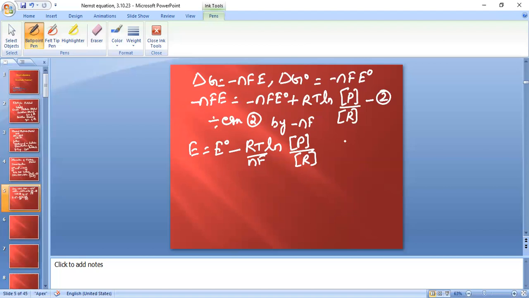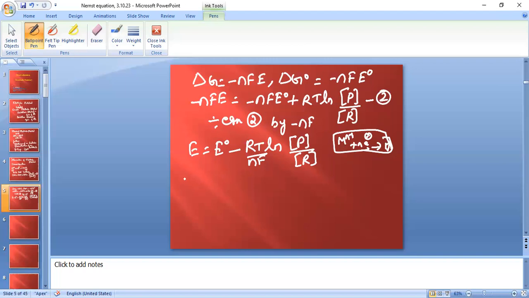Now, we have taken that M^n+ plus n electrons gives M. This is the equation we have considered as a standard electrode process. It is a standard reduction reaction, so the product is M and the reactant is M^n+.